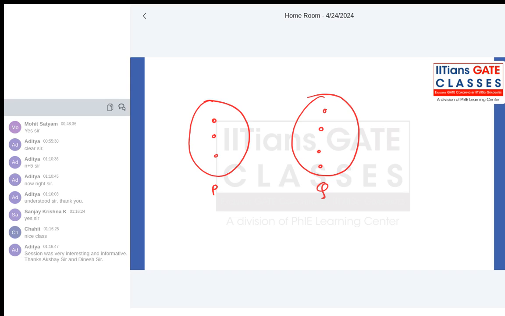So let's say you have two sets of numbers, and let's say the number of elements in set P is A, and the number of elements in set Q is B. In this case, there is something called the Cartesian product.